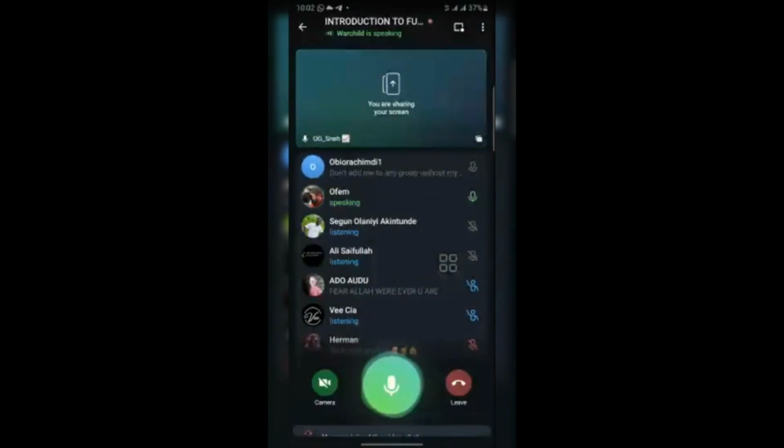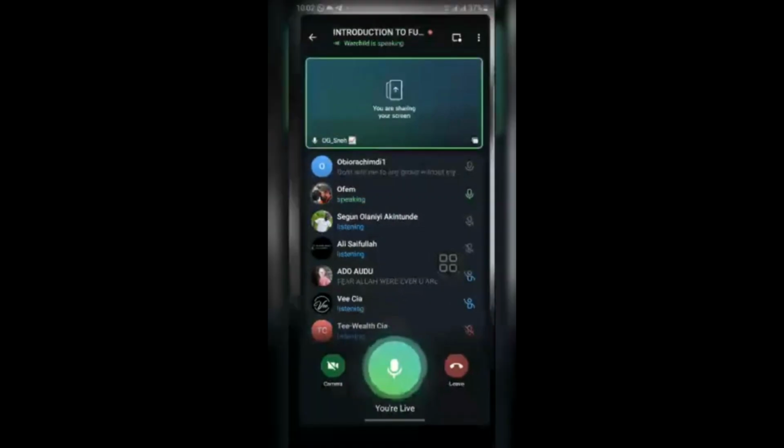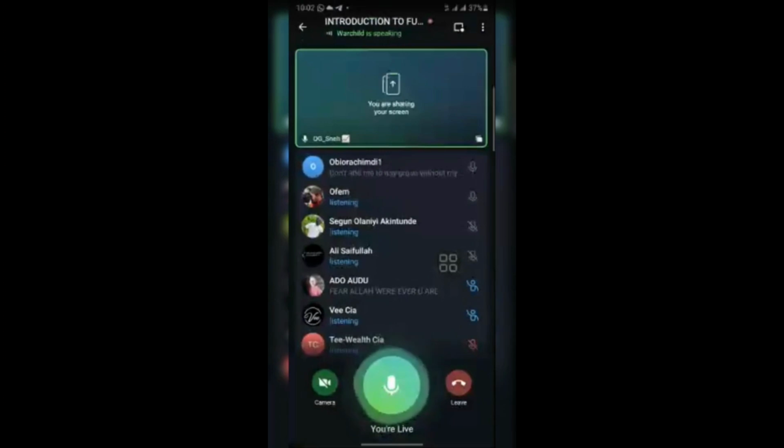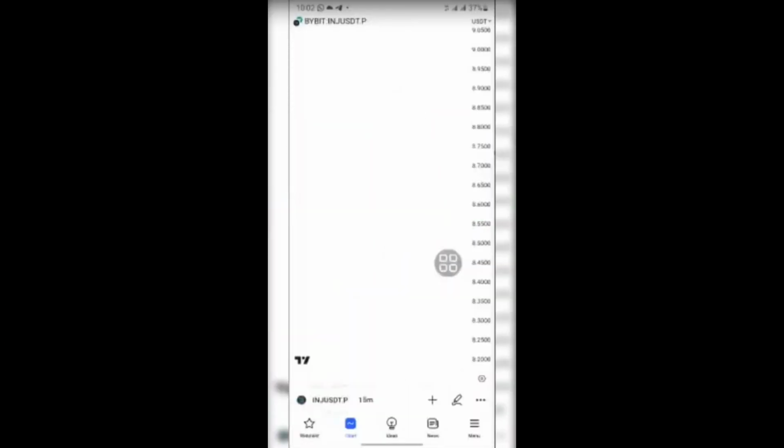It depends on the calculator you are going to use, but not even the calculator per se. You can still do everything on your TradingView. When we get to that place, I'm going to teach you about position sizing.